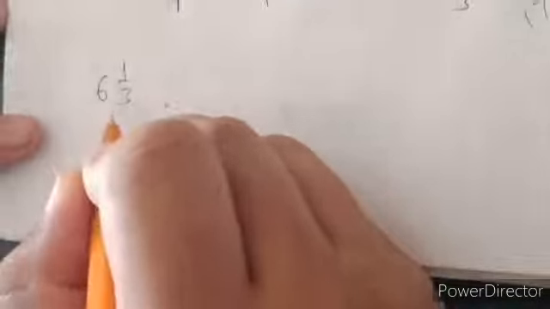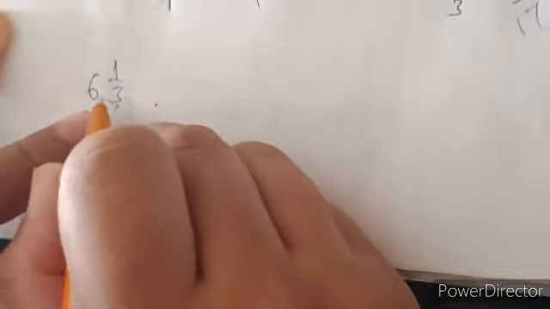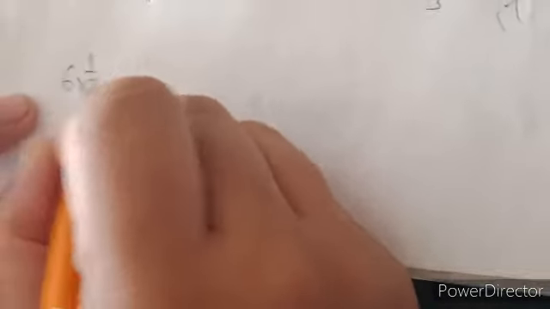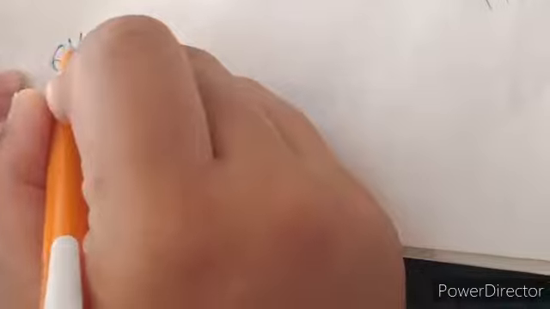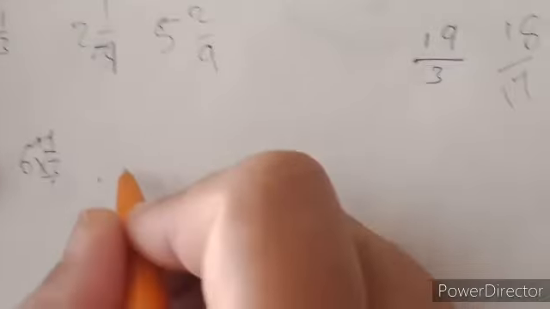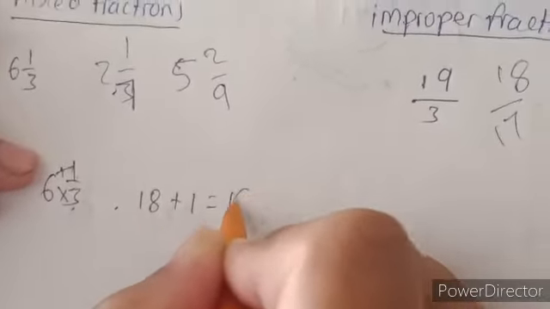When you want to solve this, you multiply the lower number, which is 3 over here, with 6. And then the product that you get, you add it with 1, or the upper number in short. So that will be 6 times 3, which is 18, plus 1, which is 19.